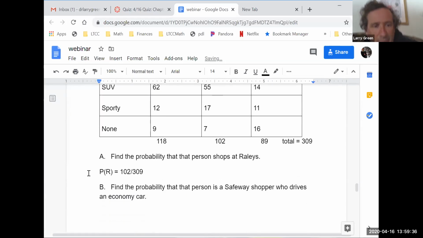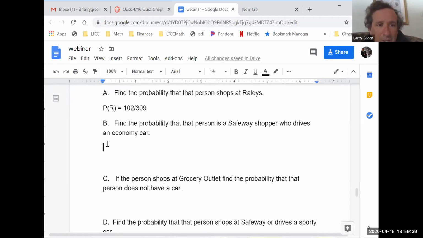There we go. If someone is a Safeway shopper who drives an economy car, are they a Safeway shopper? What do you think? Yes or no? Are they a Safeway shopper? Yeah. Do they drive an economy car? Yes. We're not told anything about them. This is just probability of Safeway and economy, because they both have to be true.